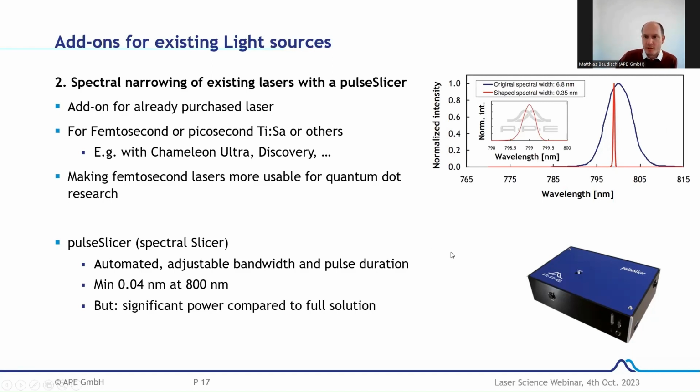And this makes it possible to use femtosecond lasers also for quantum dot applications, because the problem is that if you only have a femtosecond laser, it's hard to use it for this kind of quantum applications because the spectrum is too broad.